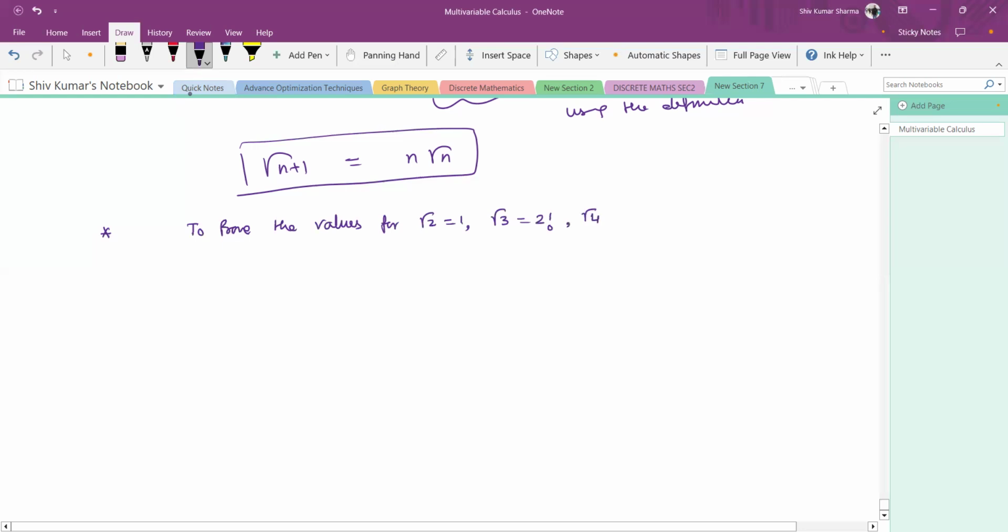Gamma 4 is equal to factorial 3, and similarly gamma n plus 1 is equal to factorial n.